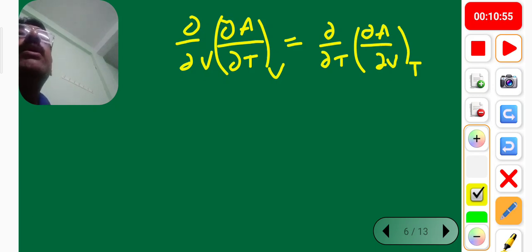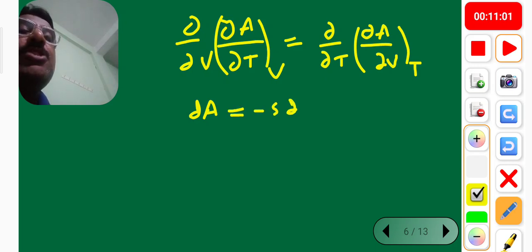Now you have the equation dA is equal to minus S dT minus P dV. This is your Helmholtz equation.